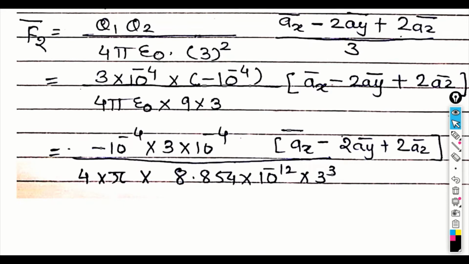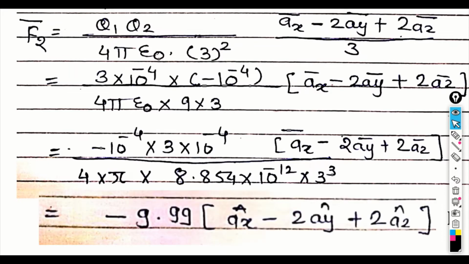So substitute unit vector equal to vector upon magnitude of the vector. So putting all the values, epsilon 0 is permittivity of the vacuum. It is 8.854 into 10 to the power minus 12. If I proceed with the calculations, what I get is minus 9.99 AX cap minus 2 AY cap plus 2 AZ cap. This is force exerted by 1 on 2.